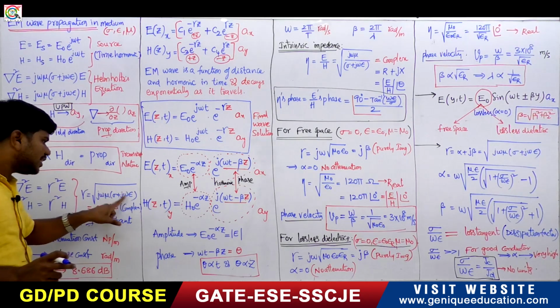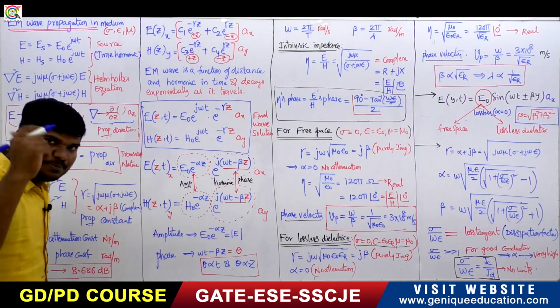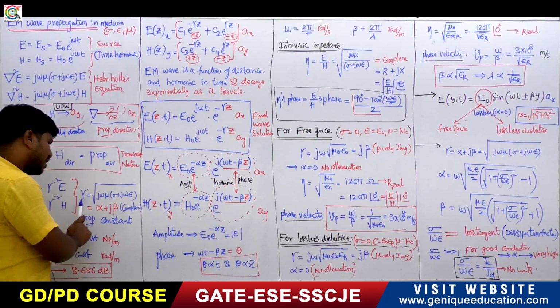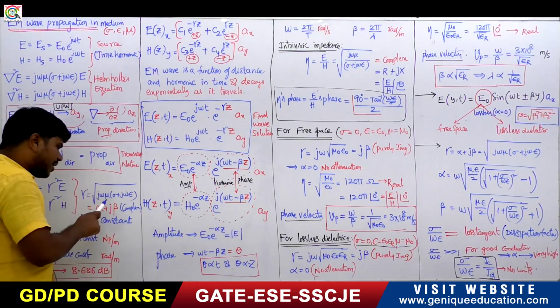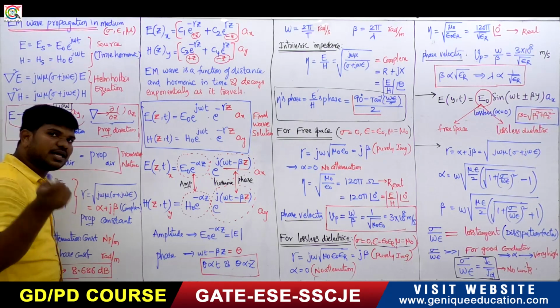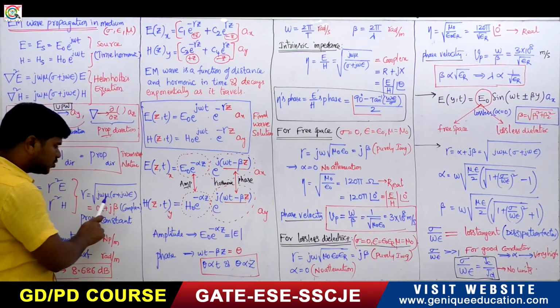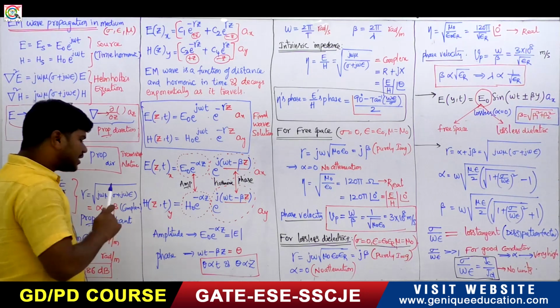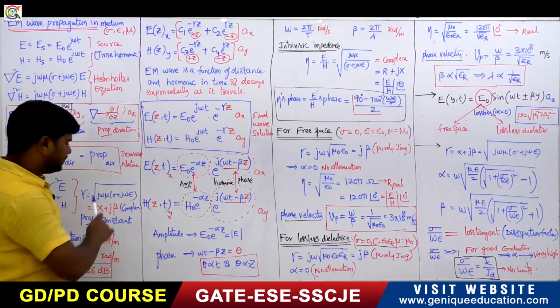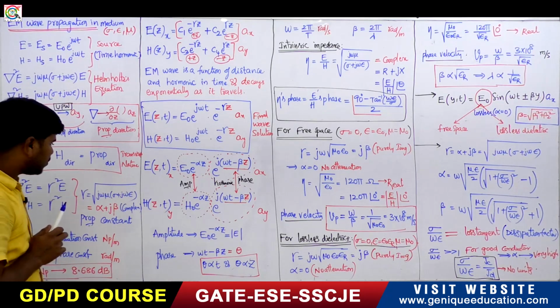Observe this, the propagation constant of the EM wave is purely dependent on the medium, because it is a function of sigma, epsilon, mu, right? So it depends on the medium properties. This is a point you have to understand.